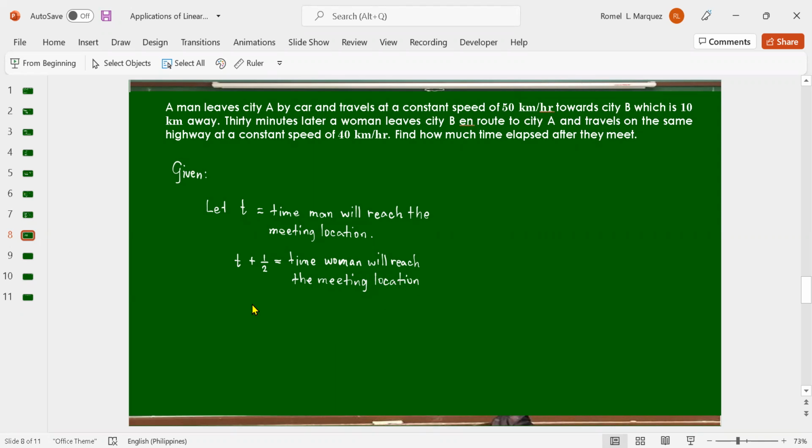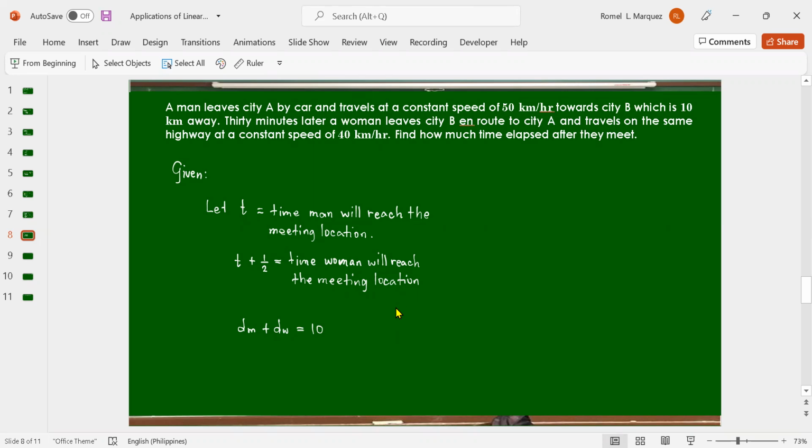And then after that, what's next, guys? The distance of the man plus the distance of the woman is equal to what? The total distance traveled until they meet is equal to 10. Am I correct, guys?